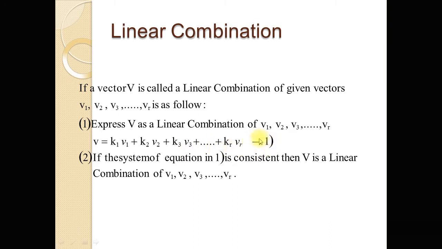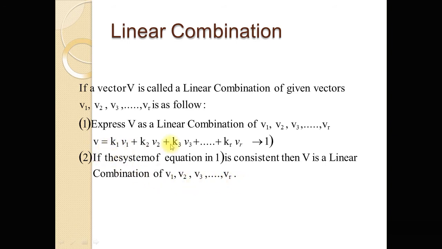This is equation number 1. If the system of equation number 1 is consistent, meaning the system has a solution, then vector v is a linear combination. But if the system is inconsistent, meaning it has no solution, then vector v is not a linear combination of vectors v1, v2, v3 up to vr.